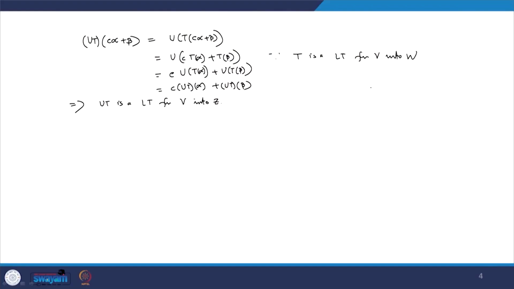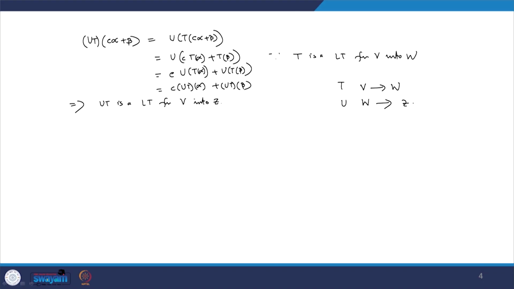If I write UT, the mapping is from V into Z, but if I write TU instead of UT, okay, let me check. V to W is my T, and U is W to Z.